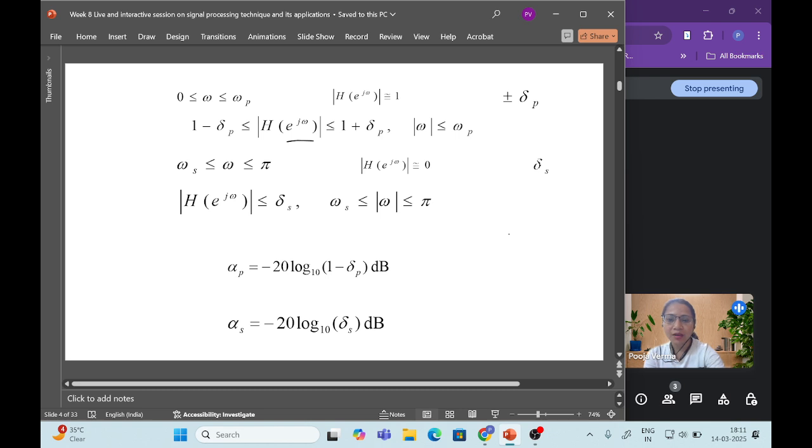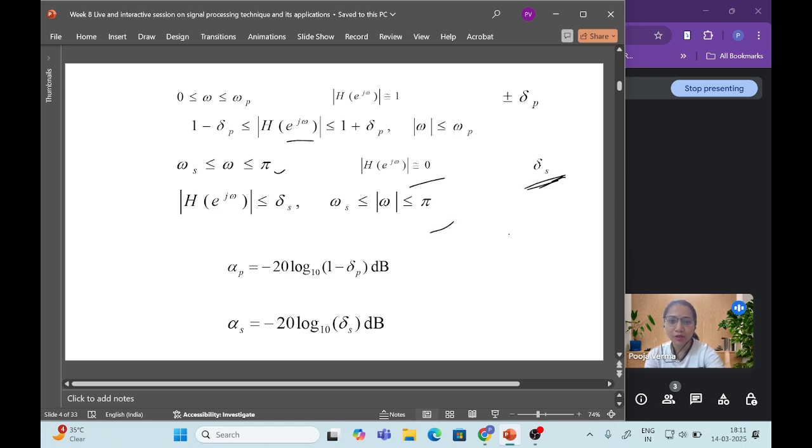And the stop band frequency will vary from omega s to pi, and in that case the magnitude of H of e to the power j omega is equal to 0, and del s is the peak ripple in the stop band.